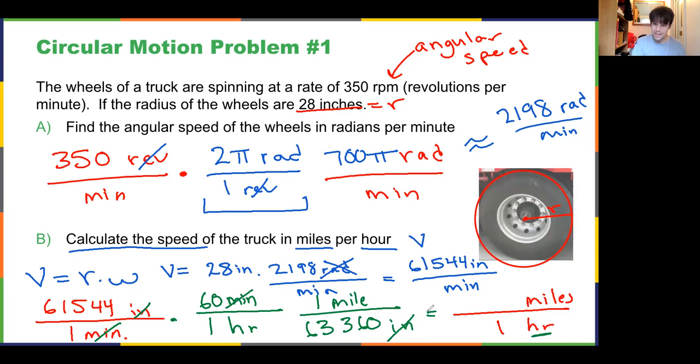And then I will divide that by 63,360 to come up with an approximate speed. I'm going to round this to 2 decimal places: 58.28 miles per hour. So that would be our linear speed in the appropriate units.